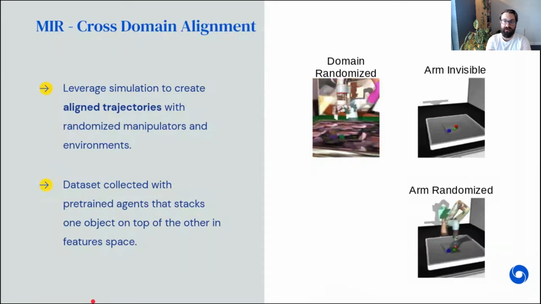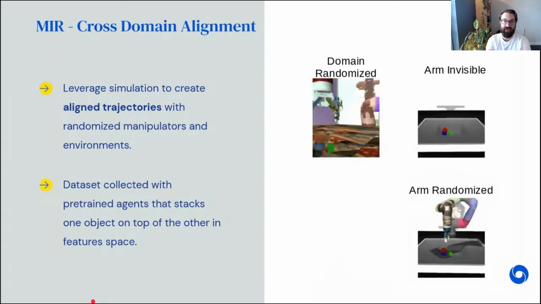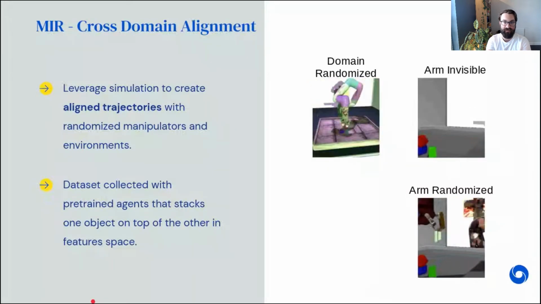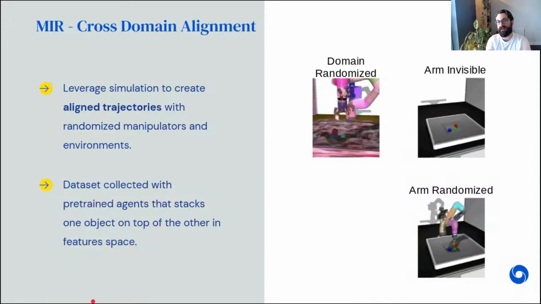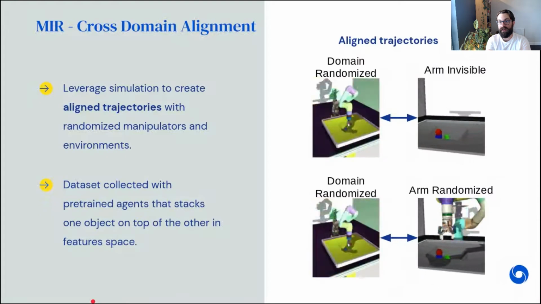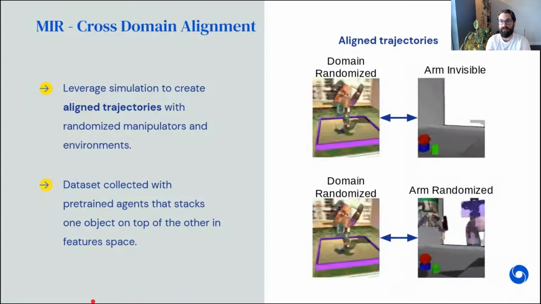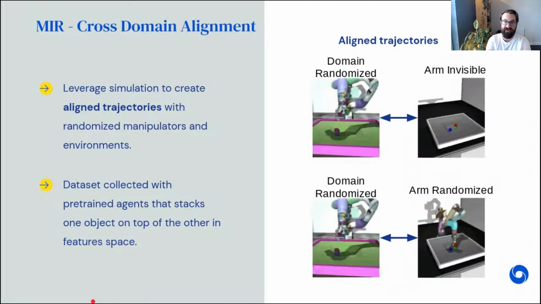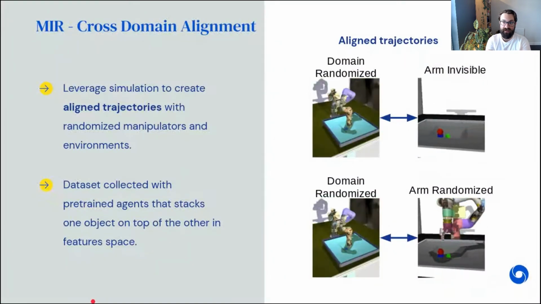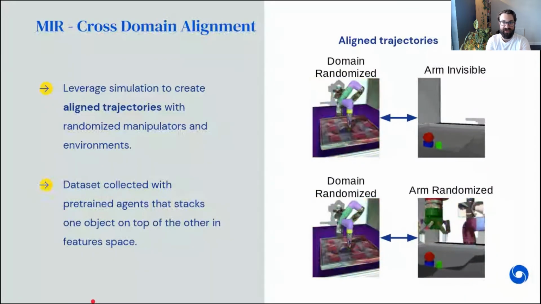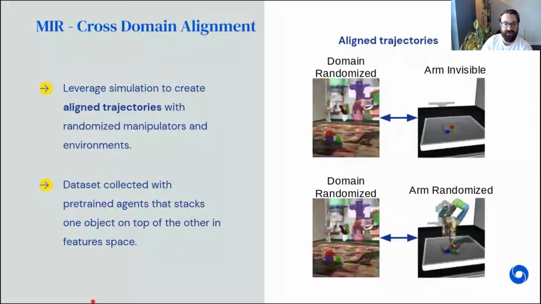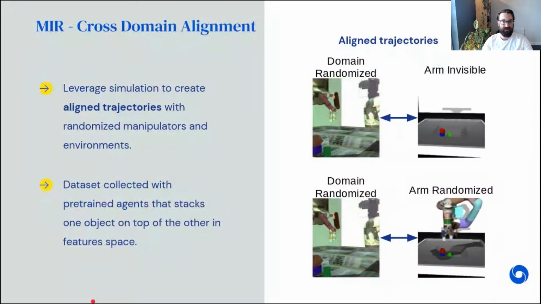We also have a version of the environment where we are also doing domain randomization, but only for the manipulator. And we obtained paired, aligned trajectories by combining domain randomized with arm invisible trajectories, and domain randomized with arm randomized trajectories, and that creates a data set of trajectories that we then use for our representation learning.